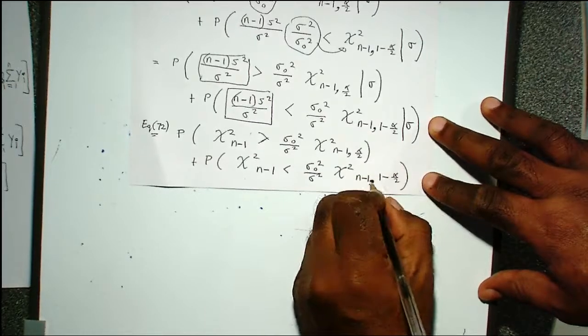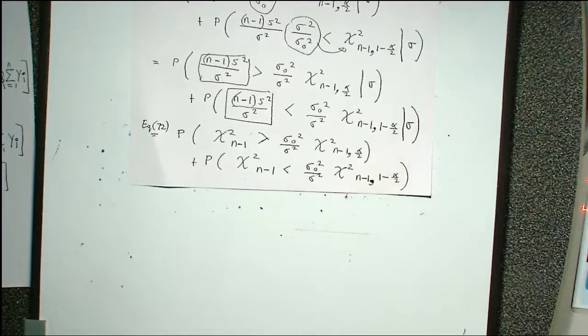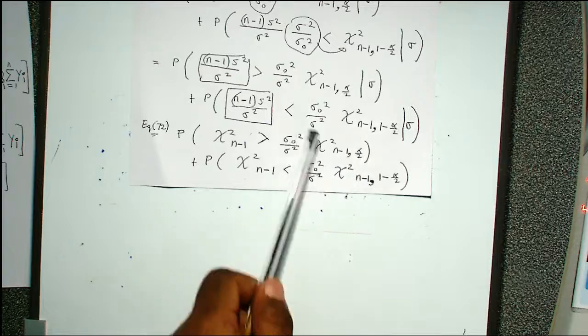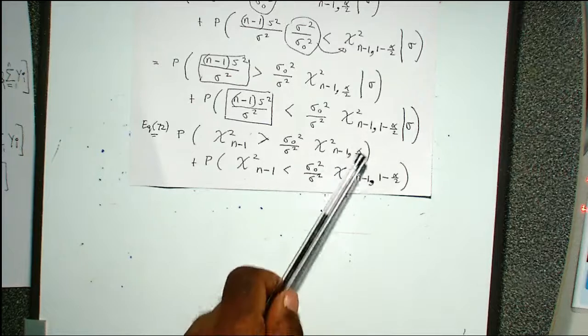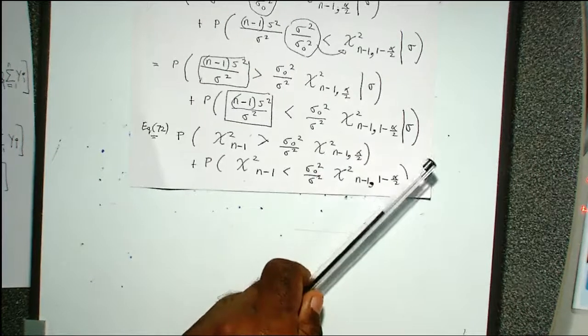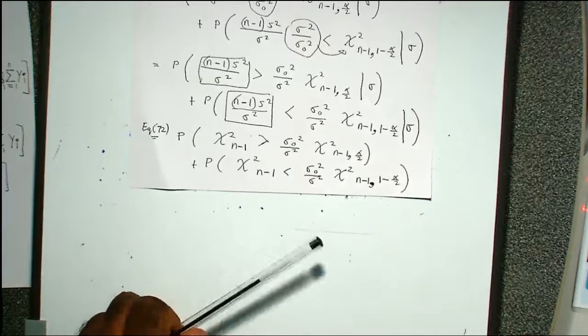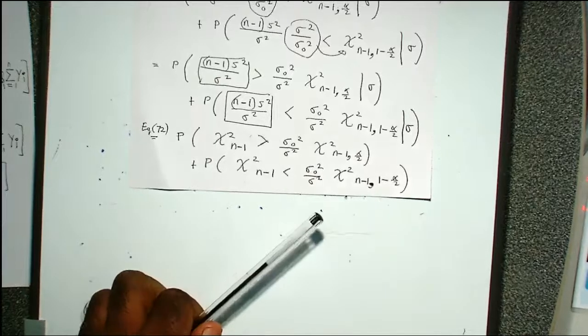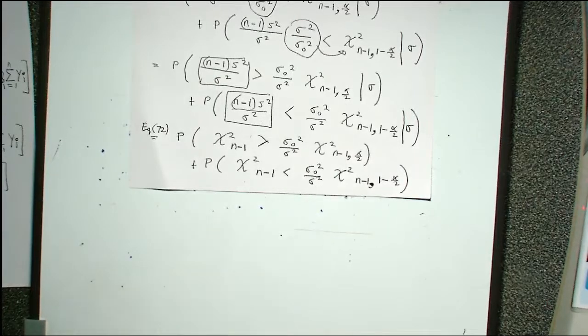You can see here that from this line to this line, I have gotten rid of the conditioning, because the conditioning has been used to say that these two have the chi-square distribution, and therefore we have used the condition, so we don't need the conditioning anymore, right?